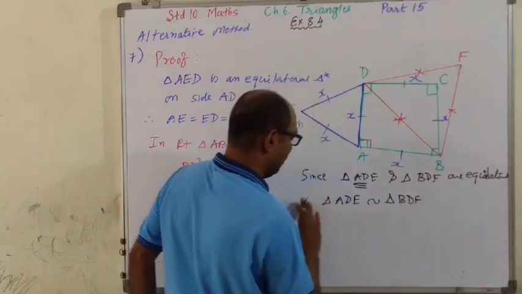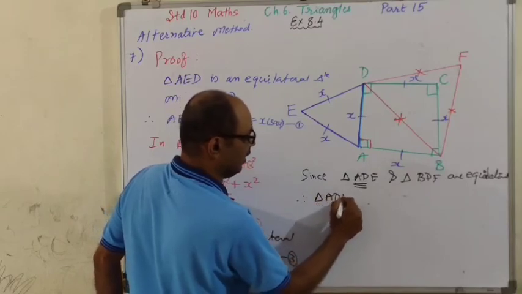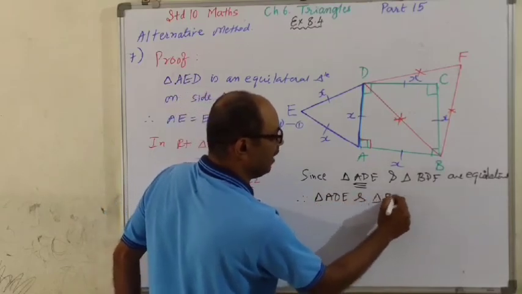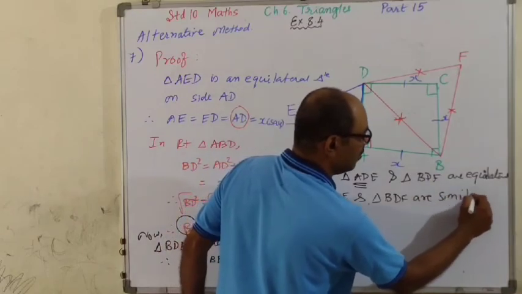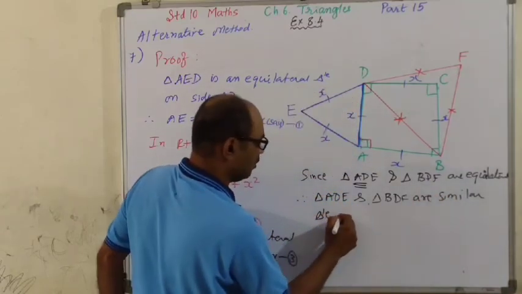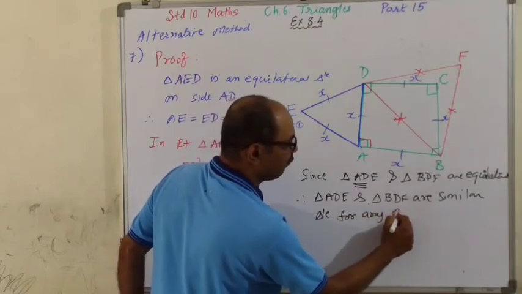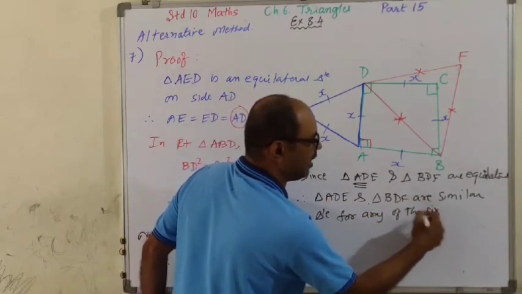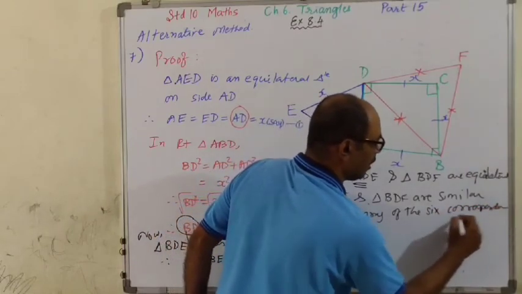Alright? Or let me write like this. Therefore, triangle ADE and triangle BDF are similar triangles for any of the 6 correspondences. Any of the 6 correspondences. Alright?